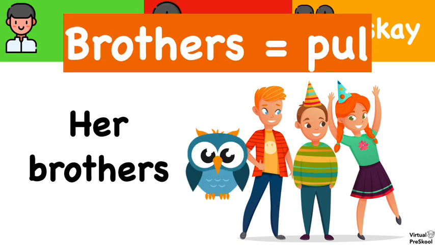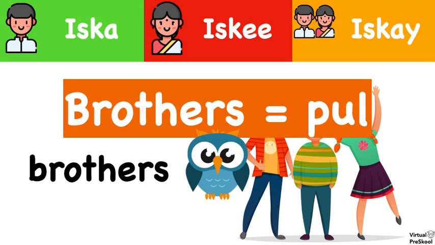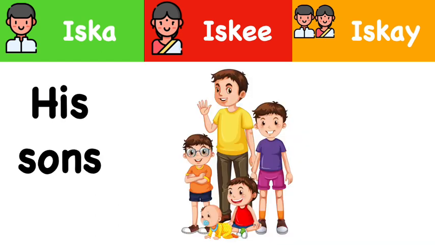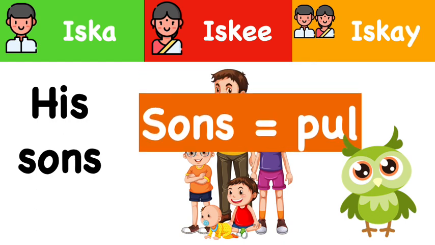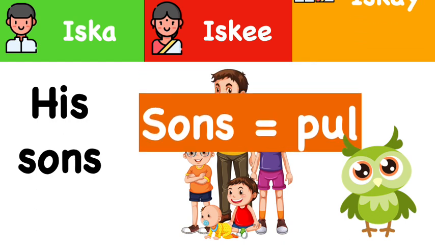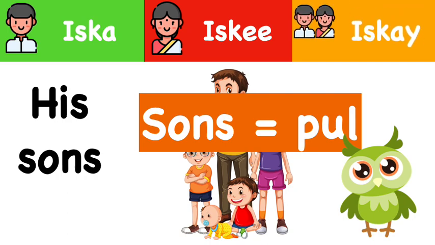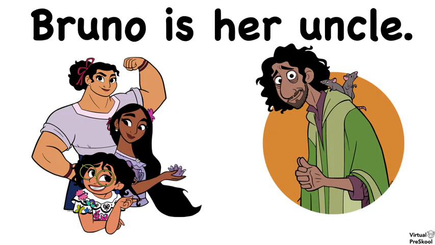Well, brothers are pulling, so it becomes iske. Iske bhai. What about his sons? Sons are pulling, and there's more than one, so it is iske. Iske bete.